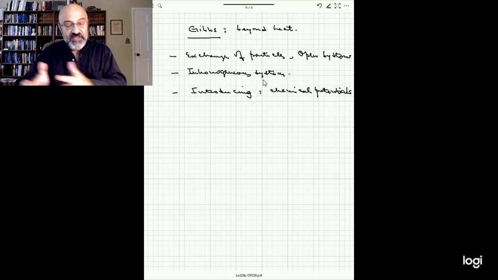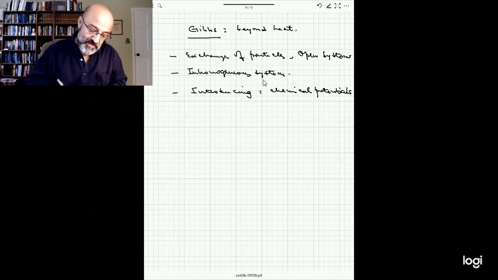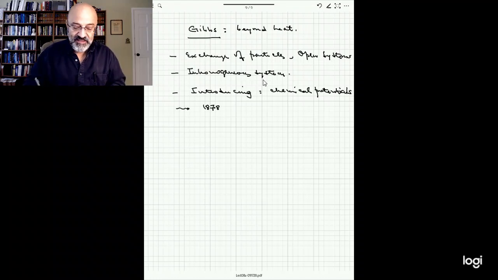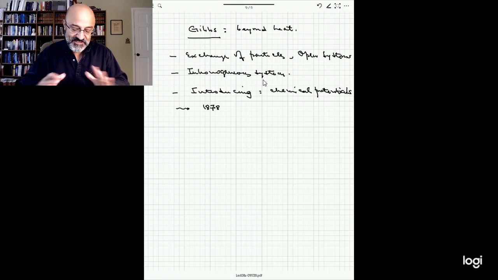And we're going to be seeing this in full detail later. But what this means is that by 1878, basic classical thermodynamics was completely formulated in its essentially final form.